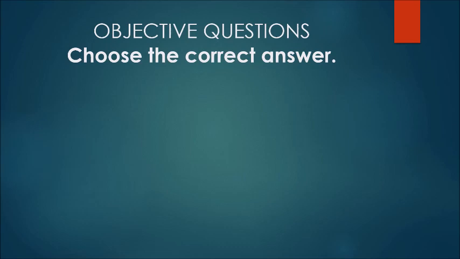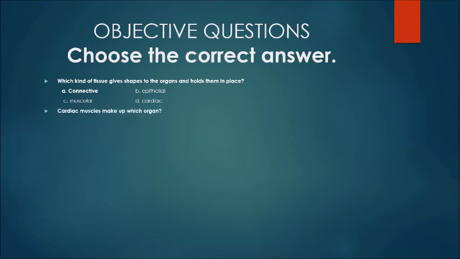Objective questions. Choose the correct answers. Number 1. Which kind of tissue gives shape to the organ and holds them in place? A. Connective, B. Epithelial, C. Muscular, D. Cardiac. A. Connective is the answer. Number 2. Cardiac muscles make up which organ?